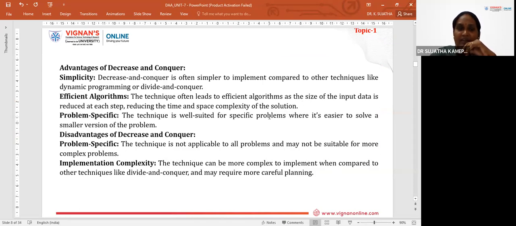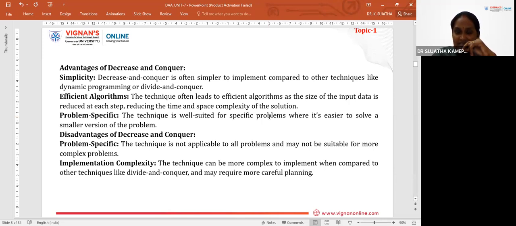Coming to the advantages and disadvantages of decrease and conquer, the main advantages are its simplicity, that we can develop efficient algorithms, and that it is problem specific. Coming to simplicity, decrease and conquer is often simpler to implement compared to other techniques like dynamic programming and divide and conquer.